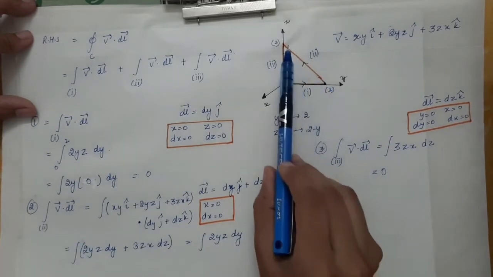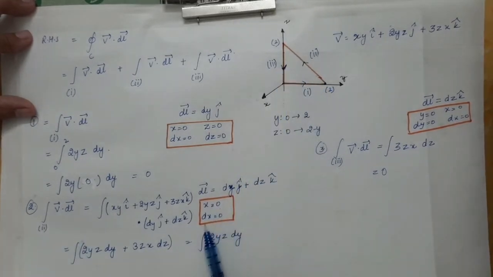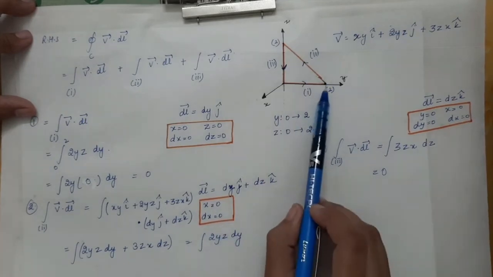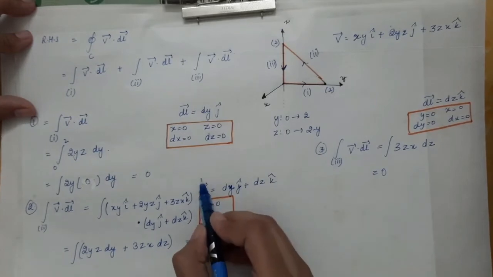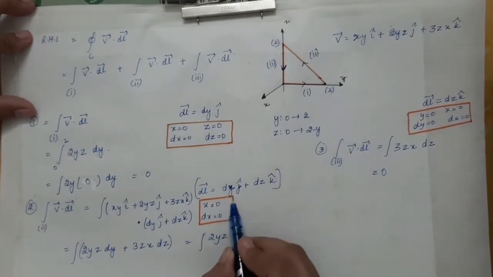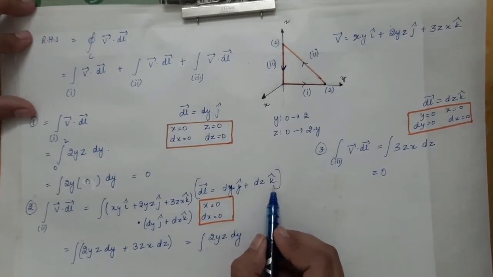Now along this path only x is equal to 0, so dx is equal to 0. Along this path y is also varying and z is also varying. So dl vector will be equal to dy into j cap plus dz into k cap.